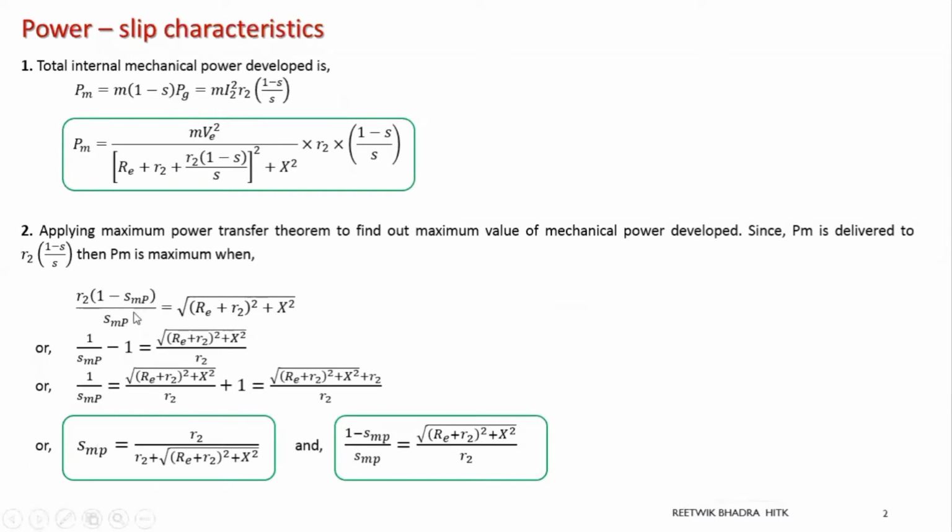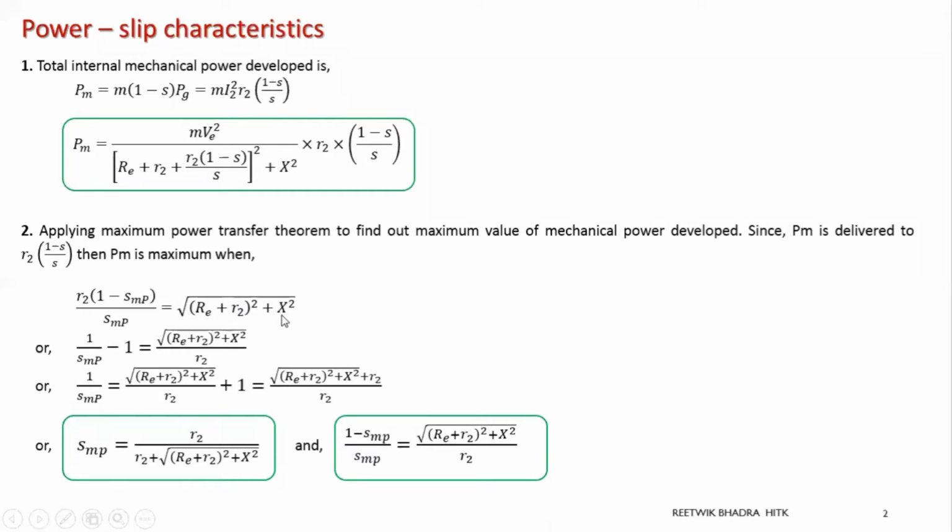So R2 into (1 minus SMP) by SMP equals the square root of the Thevenin's equivalent resistance term, which I had already found out in the previous slide. Just recall it or go through it after the class. You will find this equation was used over there. X was equal to X2 plus XT, and Re plus R2 squared plus X squared was the term.